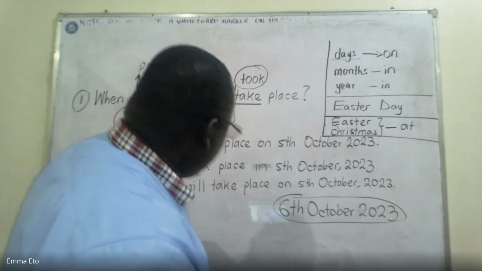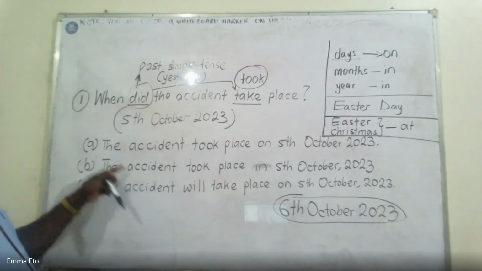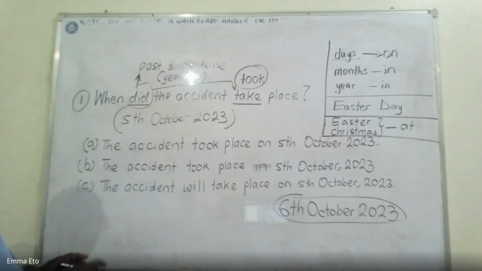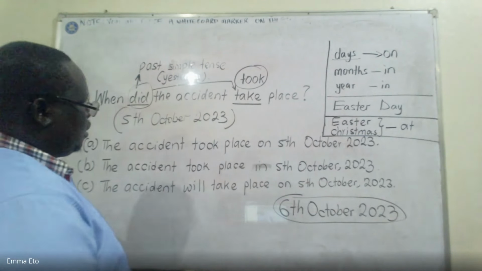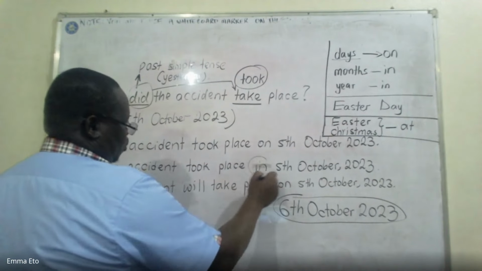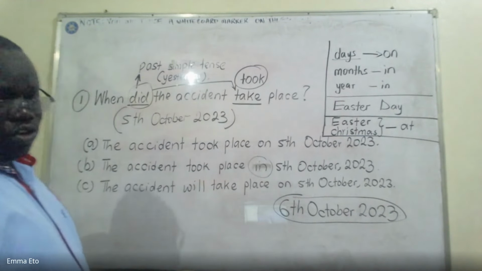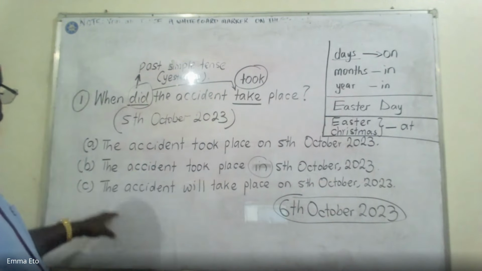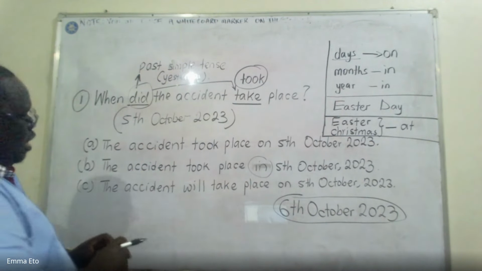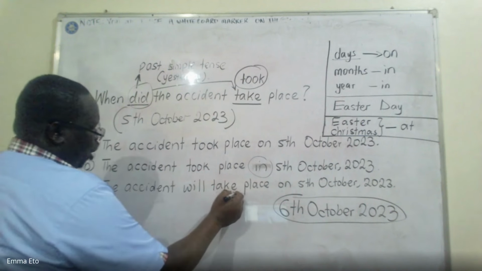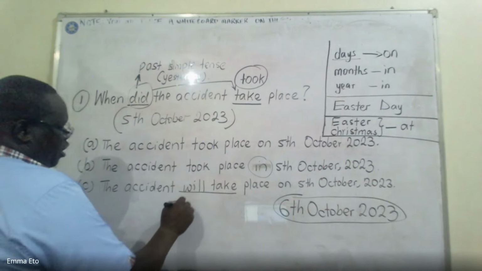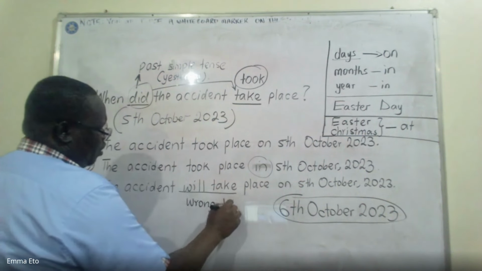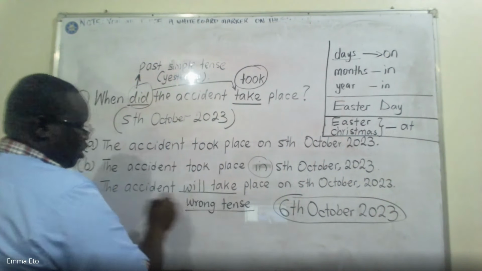Now, for answers number 1, number 2, and number 3, number 2 is wrong in that we have a wrong preposition. "In" does not go with the date. Option number 3 has a slight change in the tense. We call it wrong tense. With wrong tense, there is no negotiation.